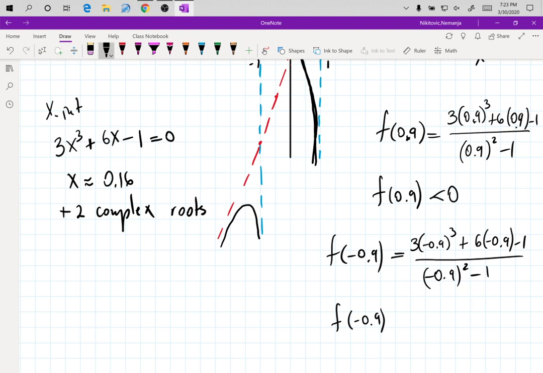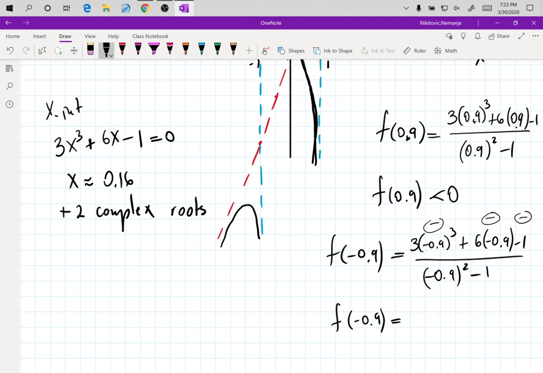Well, first off, always remember who you're talking to. A negative number cubed is going to be negative, times 3. That's negative. Then 6 times a negative is negative, and then minus 1.